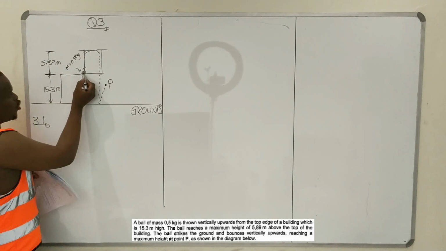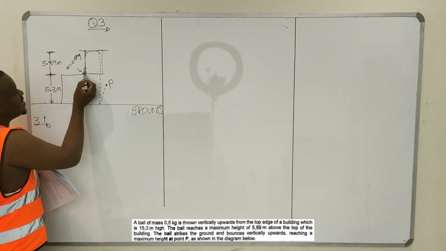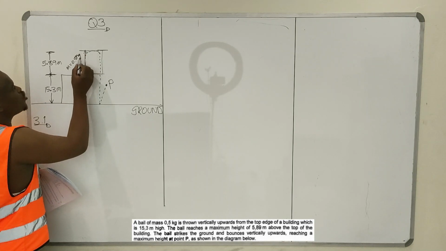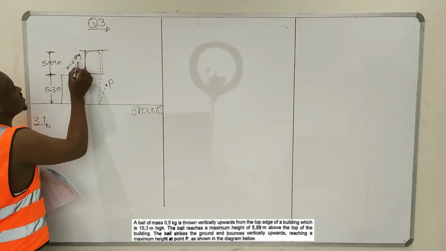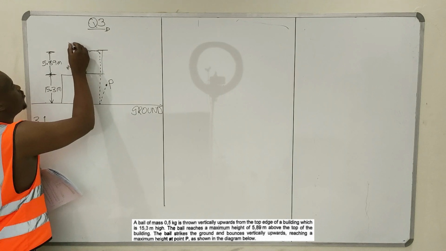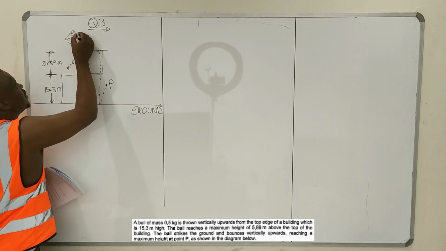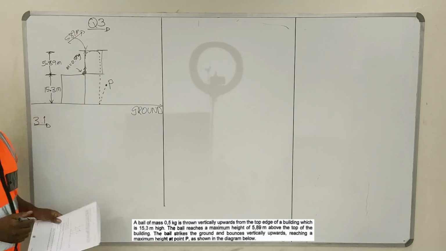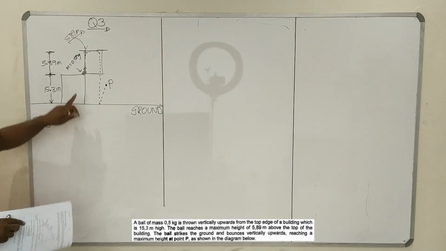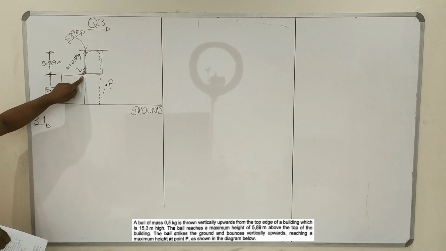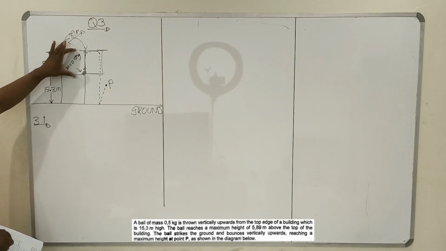It starts on top of the building and reaches the maximum height at 5.89 meters above where it started. So the ball is thrown from the top of the building, and the maximum height that it reached is 5.89 meters from where it started.